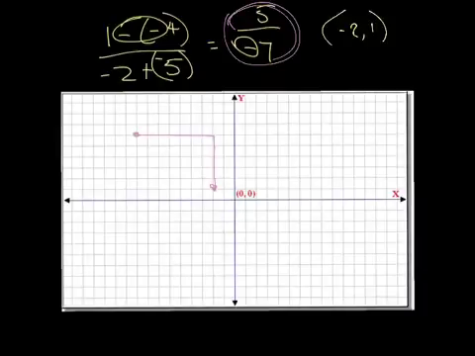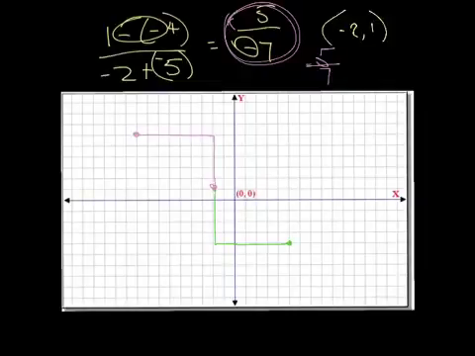What if we change this to negative 5 over 7? Let's see how that changes things. Let's do this in green here. So negative 5 means we go 1, 2, 3, 4, 5 down, 1, 2, 3, 4, 5, 6, 7 over.